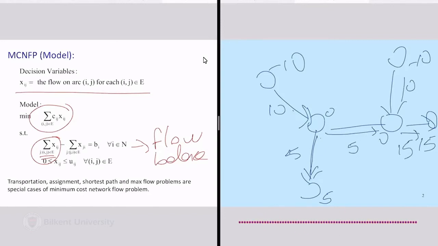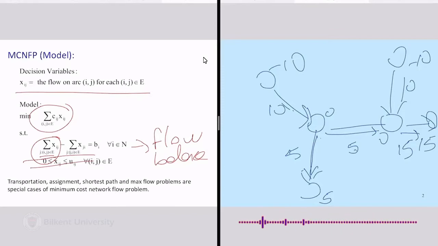For example, this is a feasible structure. I didn't draw the network, but with my demand and supply, this is a feasible solution if all capacities are infinity. This is satisfying my flow balance. So here I'm sending out 10. Here 10 comes, 10 goes, out minus in equals 0.